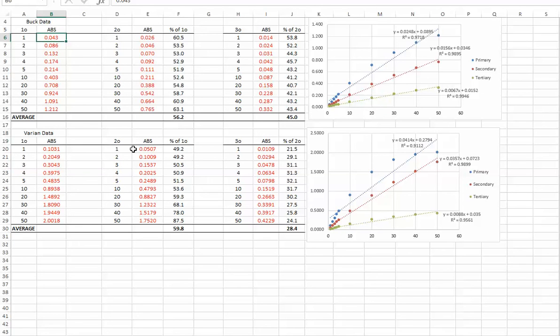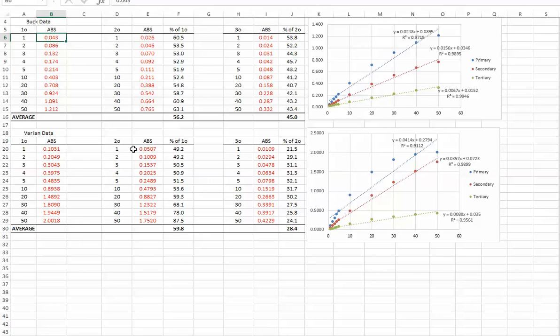So there's an issue here. I'll go ahead and warn you, this same sample is not reading the same on both instruments. This should not be happening, right? I should really see absorbance values that are closer together, even though they're run on different instrumentation, maybe with different lamps.